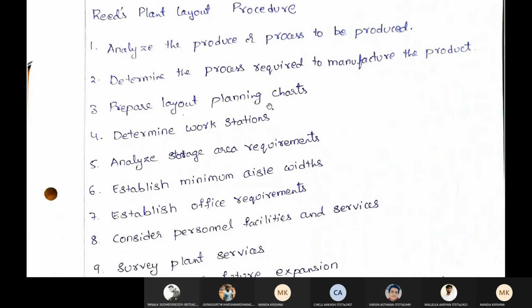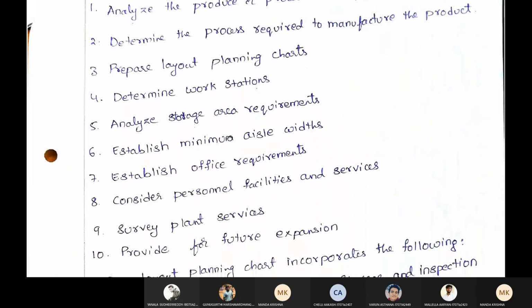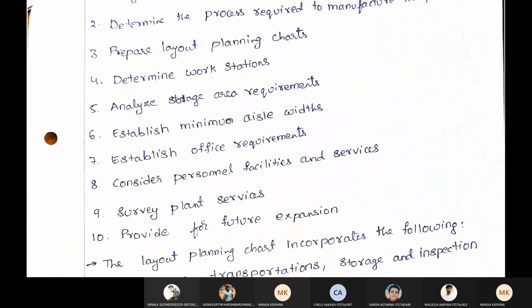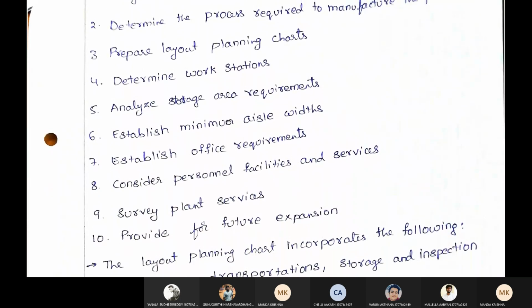Prepare layout planning charts. We have to prepare the layout planning charts. And next is to determine the workstations. Analyze the storage area requirements. What are the requirements of the storage area? What is the amount of space required, and what are the materials to be placed?